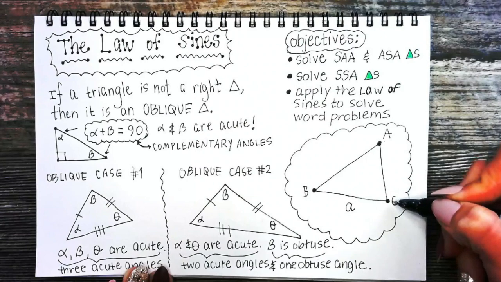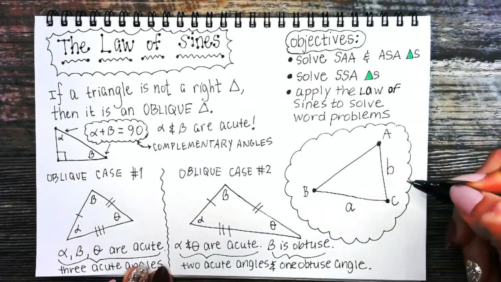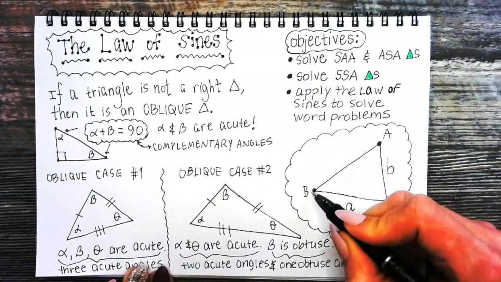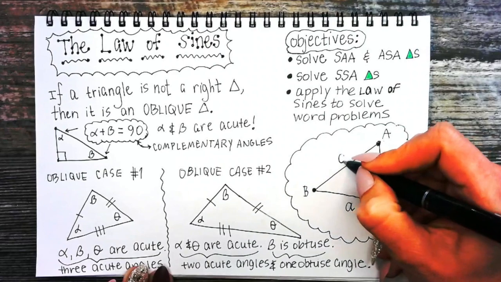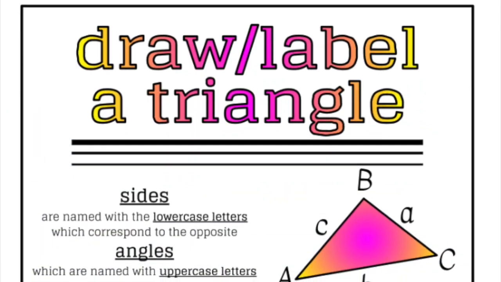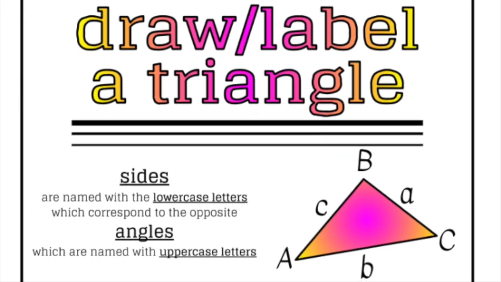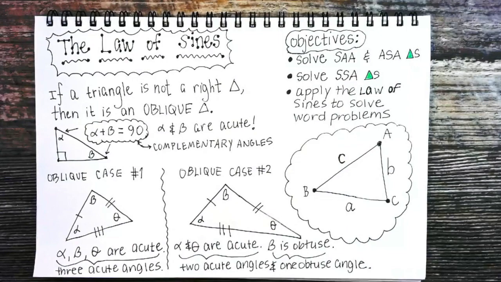Side AC, I would like you to label lowercase b. And AB, I would like you to label lowercase c. We're going to follow this method for the next few sections.